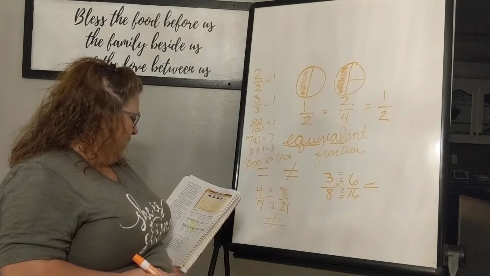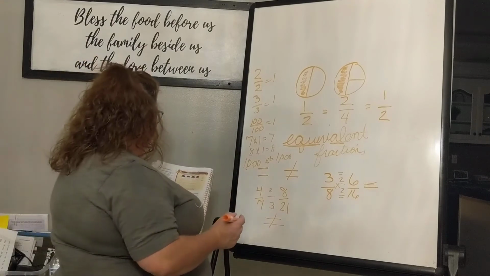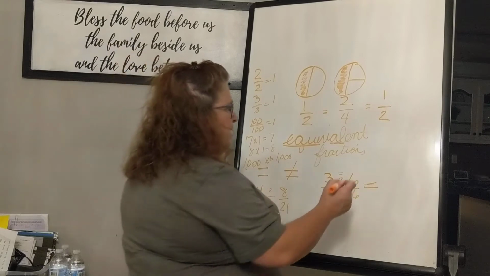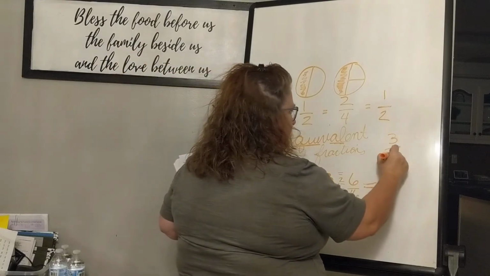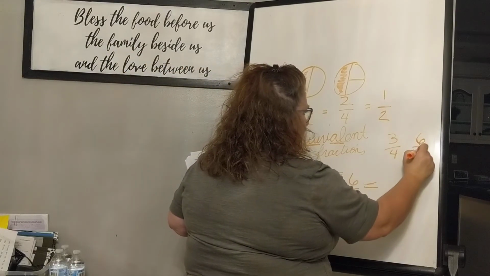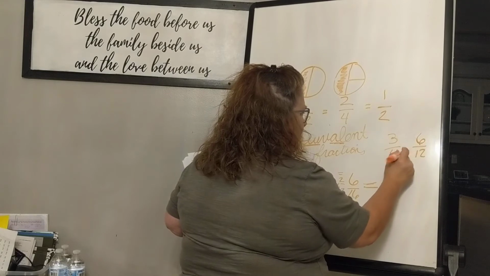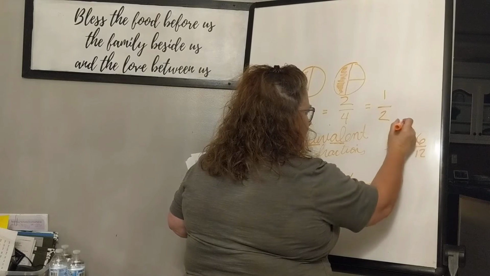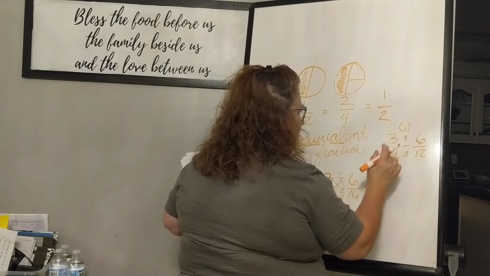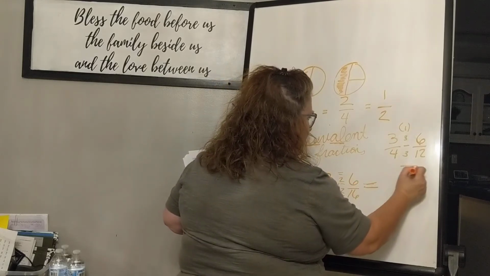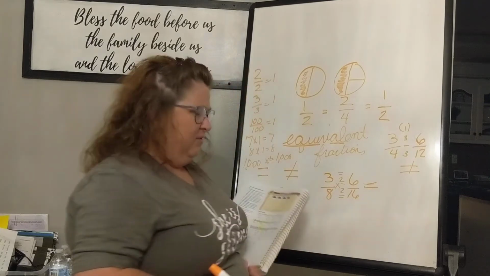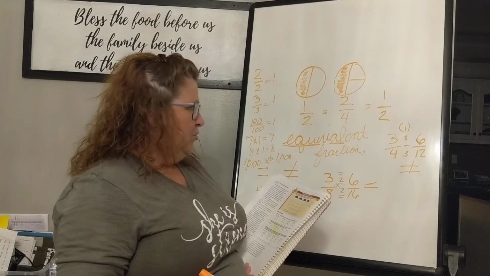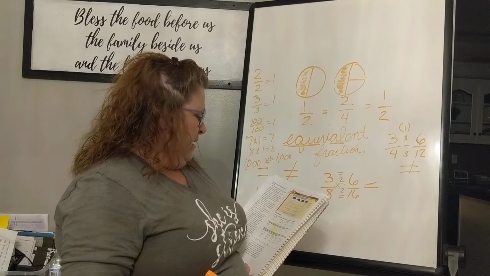They weren't multiplied by 1. On the next ones, we have 3/4 and 6/12. So let's see. 4 times 3 equals 12. 3 times 3, that's our 1 here. 3 times 3 equals 9. So those are not equivalent fractions. They have to equal top and bottom to be equivalent.